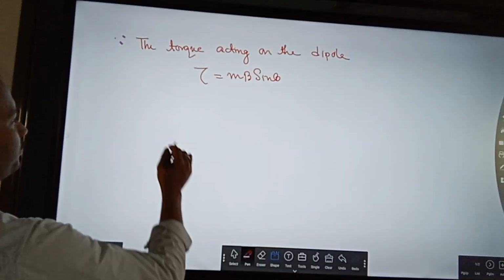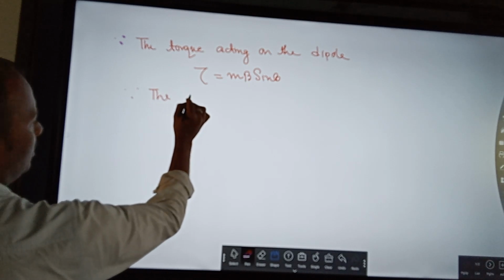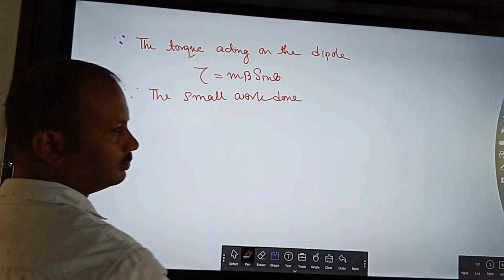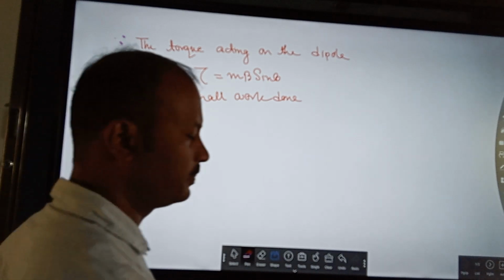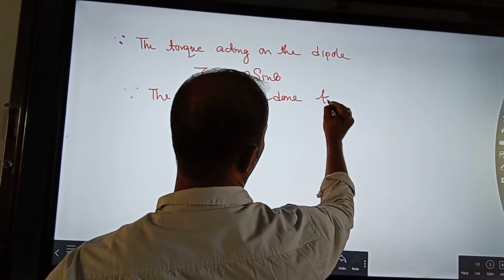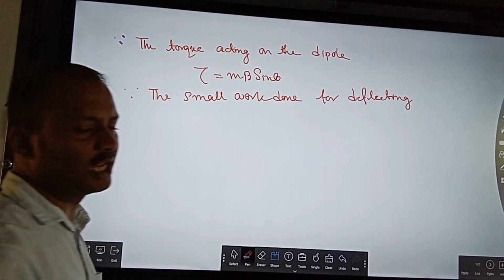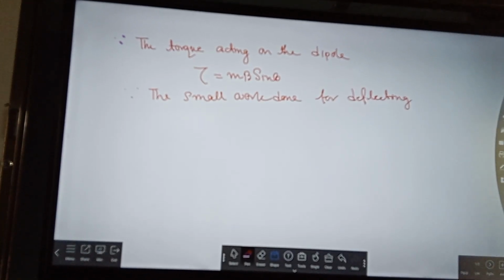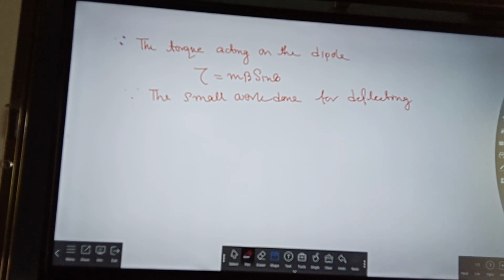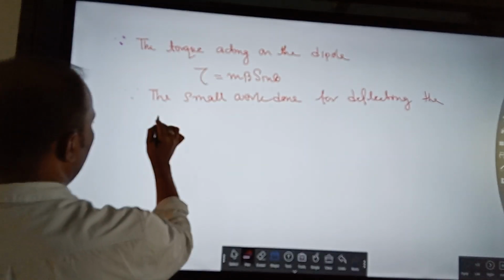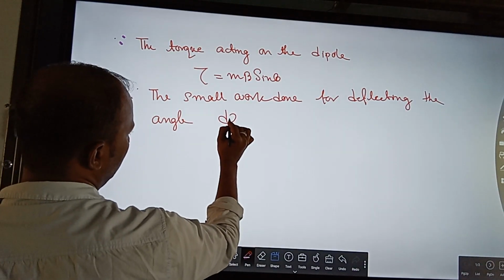The small work done in deflecting the angle, okay, for deflecting the angle d theta.